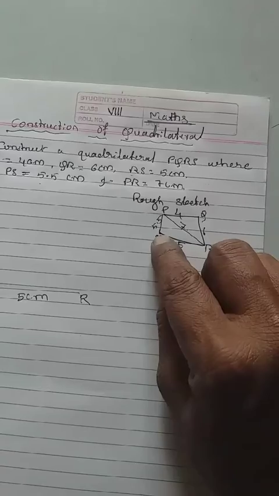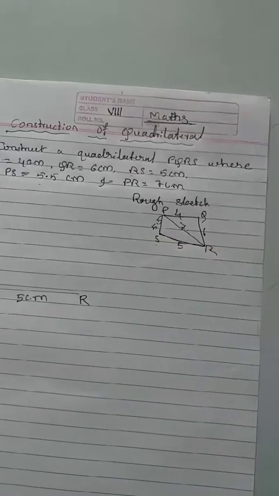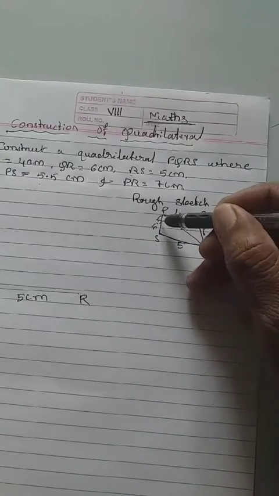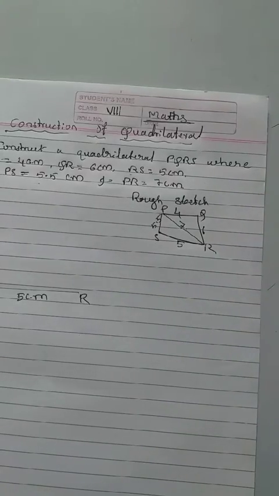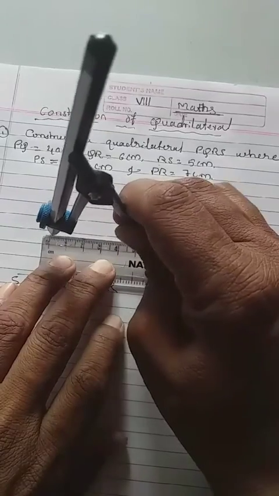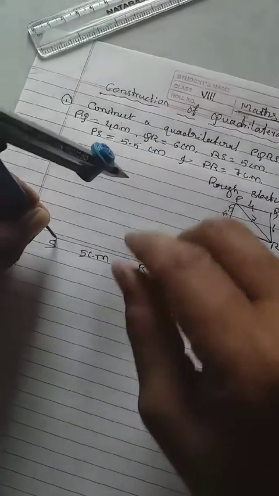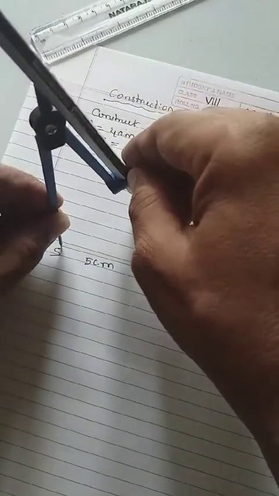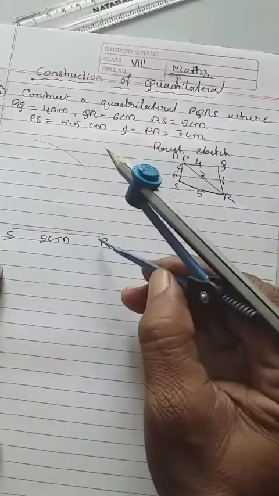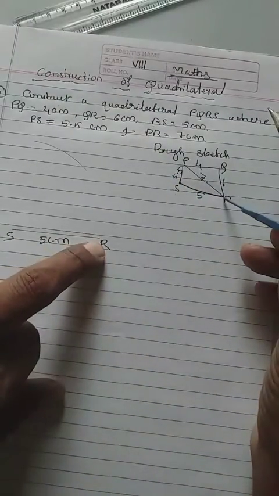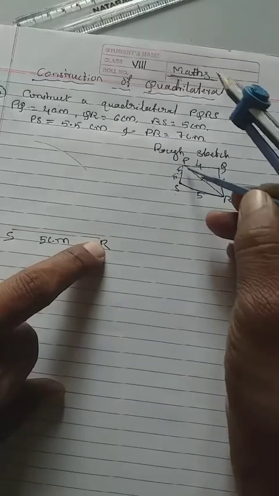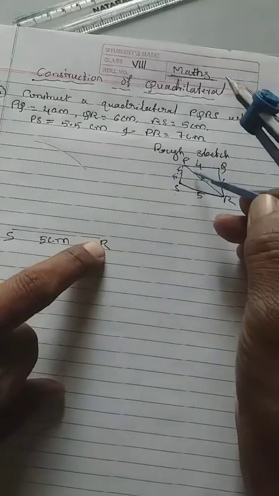Now take S as center, draw one arc with radius 5.5 cm. Similarly, with R as center, draw an arc of radius 7 cm.